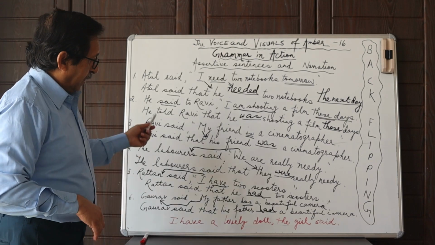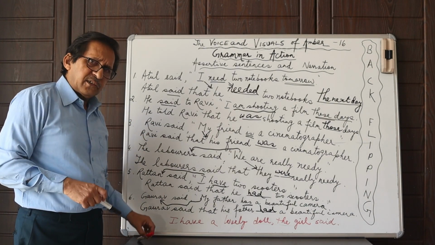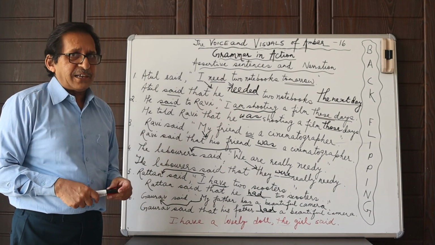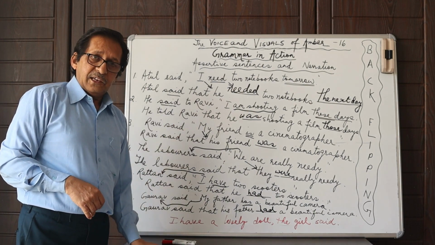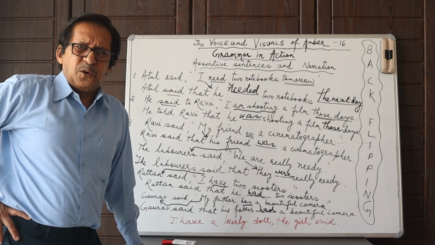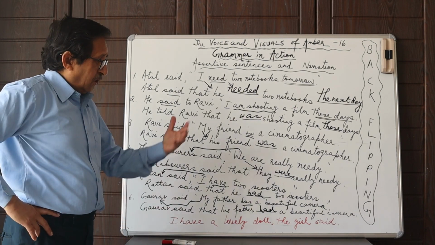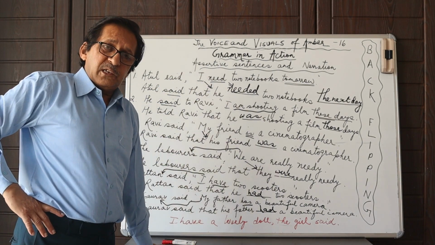So that's all. I will carry on with this, okay? And I will also give a very simple tip to the practicing teachers, especially when they are doing this in the lower middle classes, which means grades 4 and 5, when they are doing direct to indirect speech.